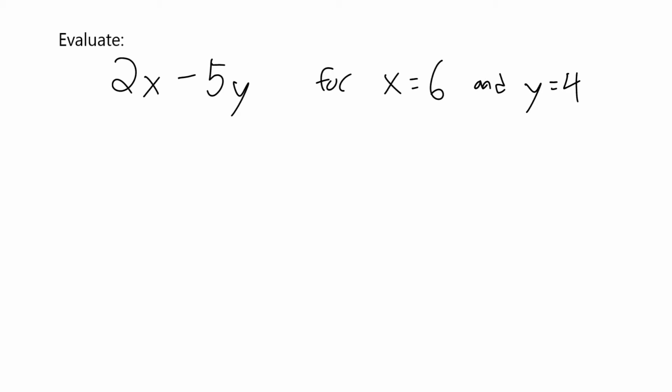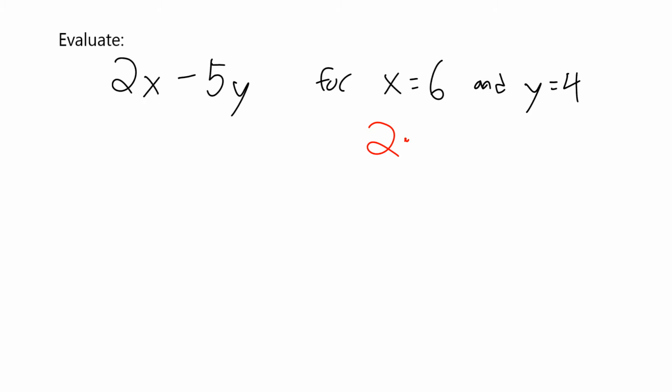In algebra, it is quite common for you to have more than one variable, but the evaluation process still works the same. To plug in, we need to rewrite our expression.